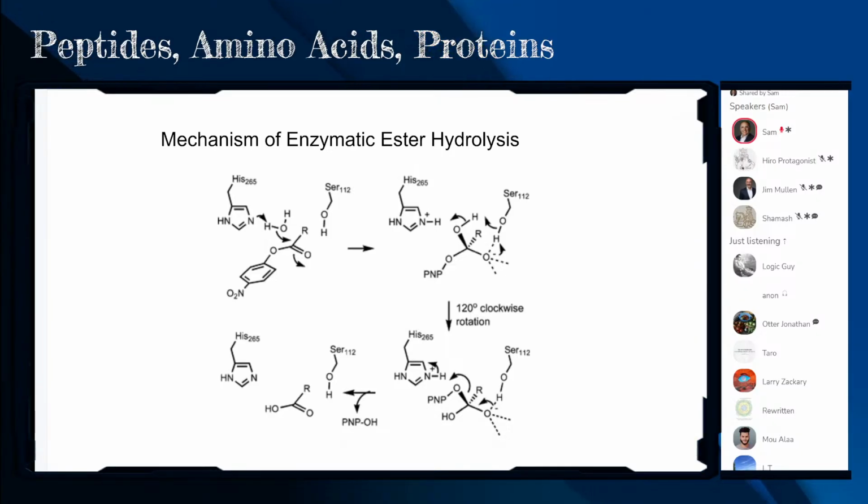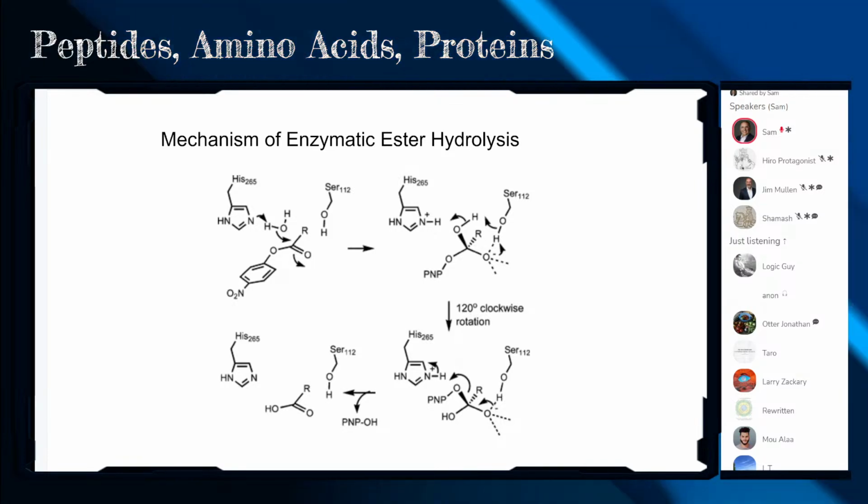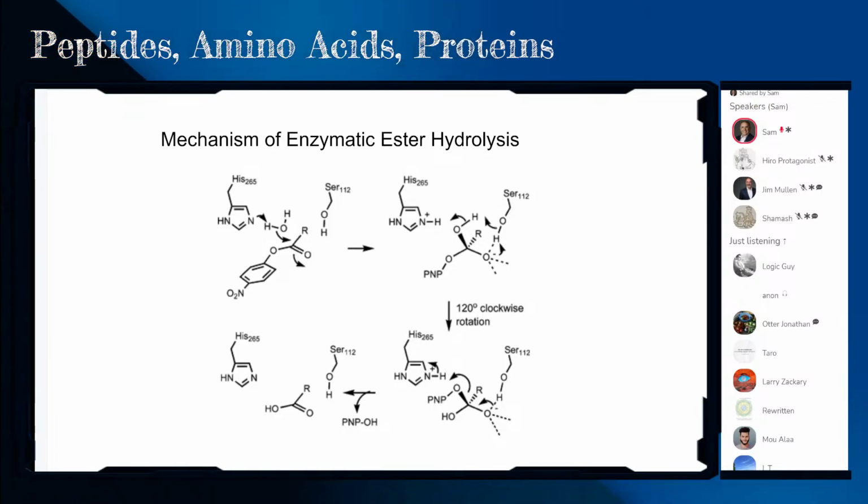That makes the C double bond O much more reactive. And then the molecule rotates and extracts a hydrogen from the histidine, also getting released from the serine.